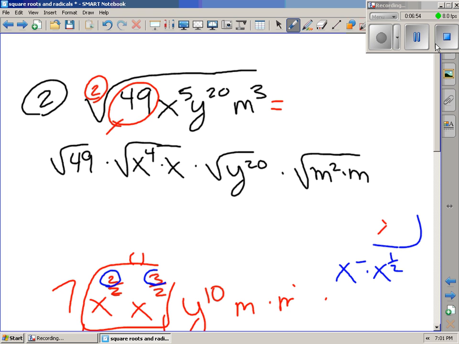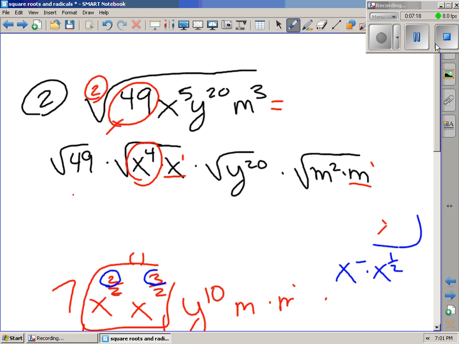What you should be noticing is that I'm making sure that I have a multiple of 2 by itself, and I should only have a small power on my x left, or a small power on my m left. And here it's only a power of 1. Can't pull out anything else from that.